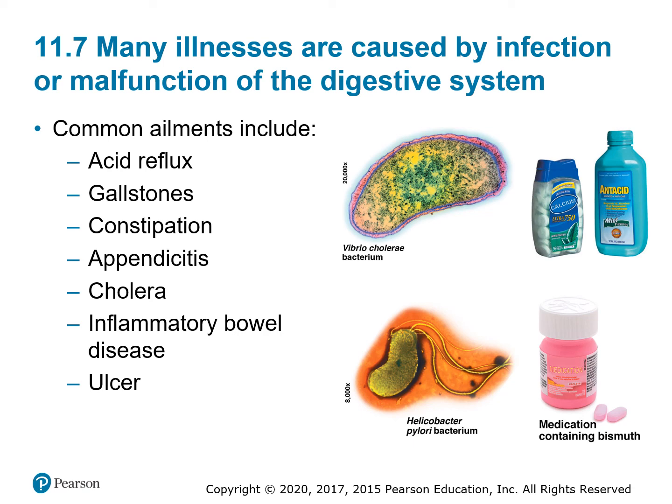Gallstones, those sometimes have to be removed. Basically you have to remove the gallbladder. Constipation. A lot of people have something called irritable bowel syndrome, and they don't really understand what causes it, but it can either result in constipation or diarrhea, or some people have a little bit of both, which can be sort of difficult with living life.